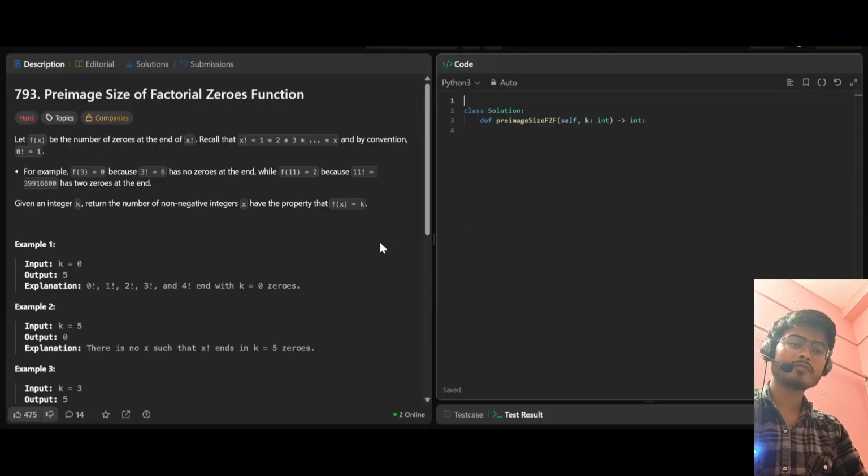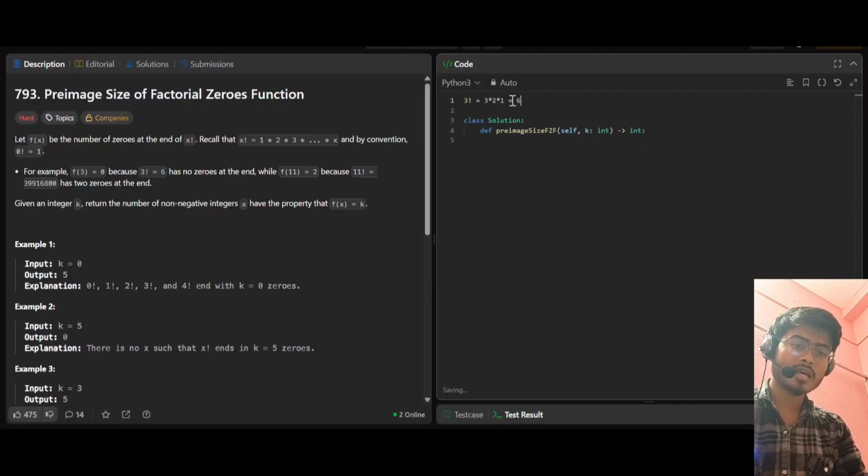We are given a function f of x. This function returns the number of trailing zeros in x factorial. For example, 3 factorial is 3 into 2 into 1, and it is equal to 6.